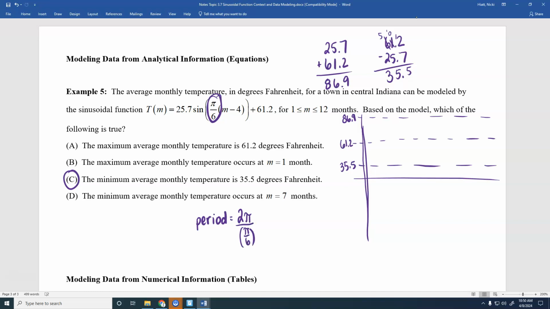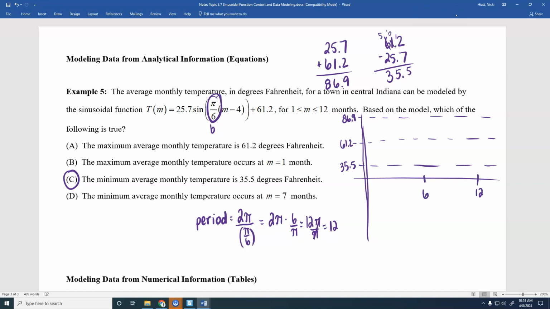This is b, the number in your equation. So we would do 2 pi, dividing fractions, easy as pie, flip the second, and multiply. We would get 12 pi over pi. The pi's would cancel, and we would just get 12, which should make sense, because how often should your temperature start to repeat? 12 months, right? Because every year, it just is the same pattern over and over again.